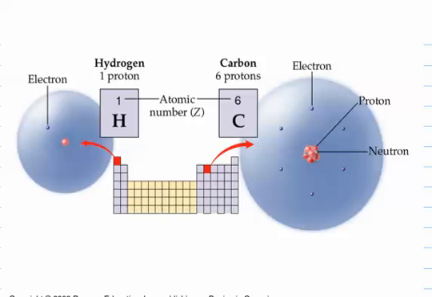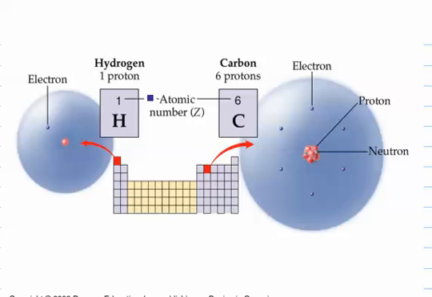However, all hydrogen atoms always have a single proton in the nucleus, and so this number of protons defines what type of element. Anytime there is one proton in the nucleus, we are certainly dealing with hydrogen. If there are 6 protons in the nucleus, as there are in carbon, then we are dealing with a carbon atom. And there are no other atoms that have 6 protons in the nucleus other than carbon atoms.